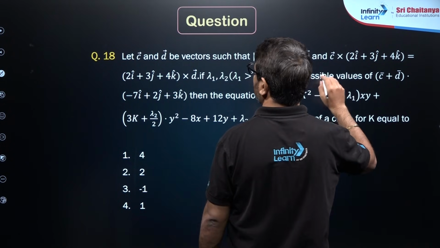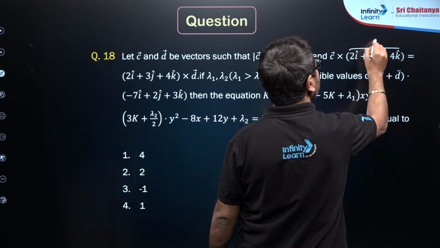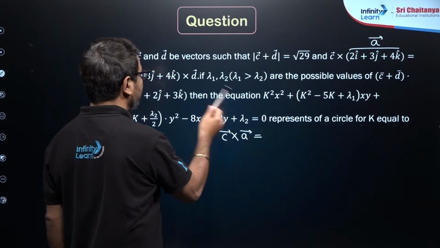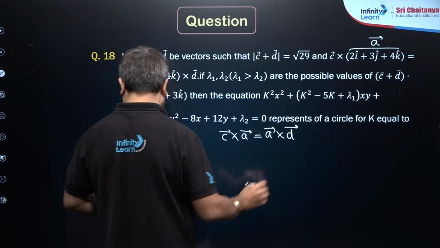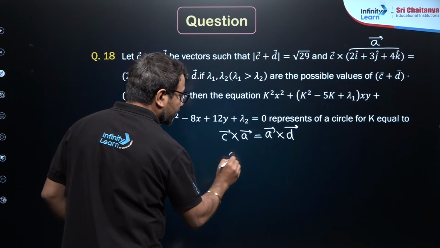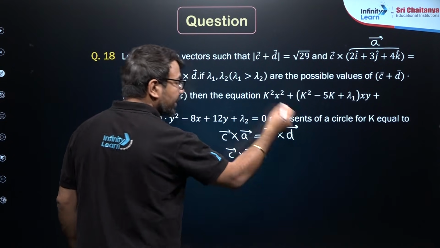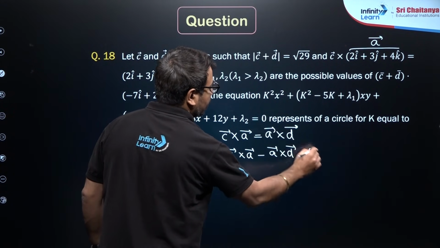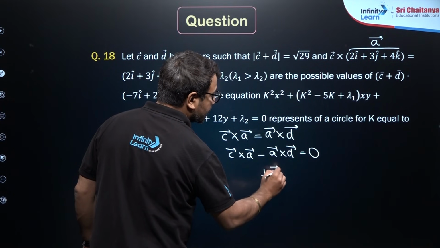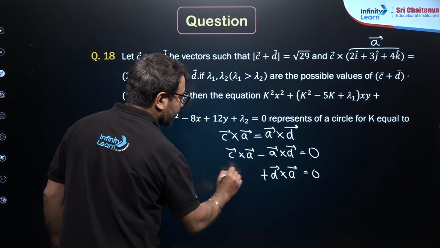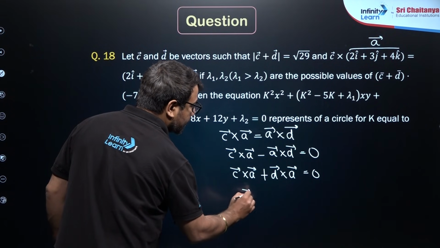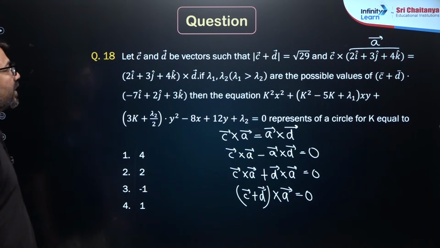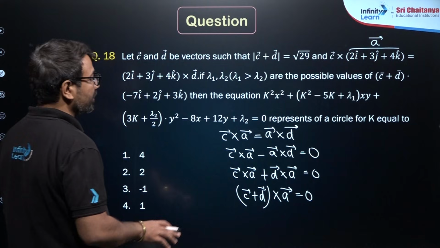Let me take it as vector A. So C cross A, they have given, is equal to A cross D. If you take C cross A to this side, it will become minus A cross D. Minus A cross D can be written as plus D cross A. And here it is C cross A. So C plus D cross A will be equal to 0.